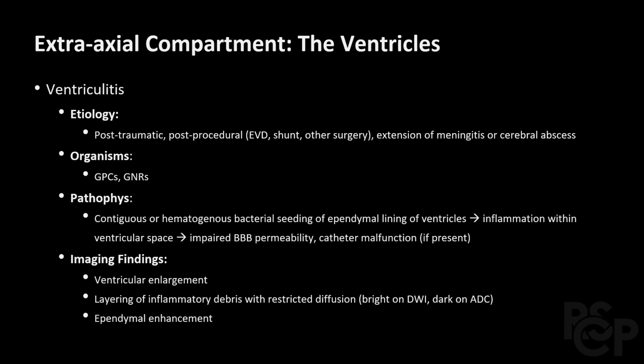You can also see layering of inflammatory debris that restricts diffusion within the ventricles. As a reminder, diffusion restriction will appear bright on DWI and dark on ADC. And you can also see enhancement of the ependymal lining of the ventricles, which, as mentioned above in the pathophysiology, is due to the inflammation of the ependymal lining.